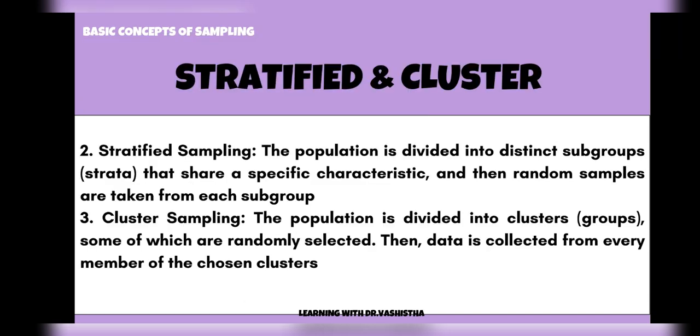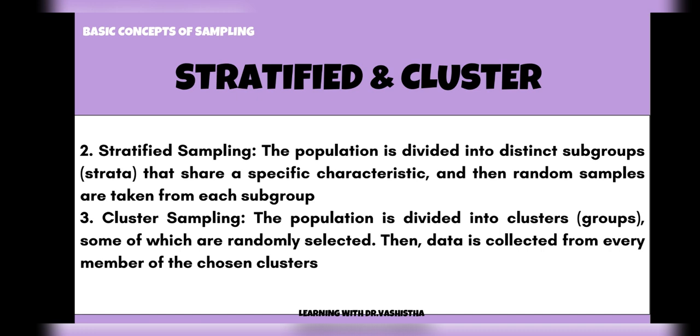The further two are stratified and cluster sampling, and the names are given because of the nature of the subgroups or the data collected for sampling. In stratified sampling, the population is divided into different subgroups, also known as strata, and that is why it is known as stratified sampling.